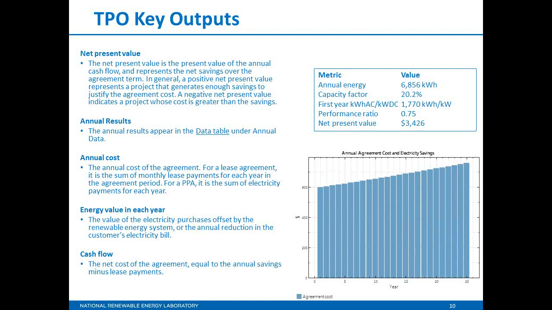And really captures the escalation rate for either the lease payment or for the PPA payment. The energy value in each year is also presented in the typical data tables. And then we have some default graphs, as you can see on the right, that represent the cash flow throughout the year.